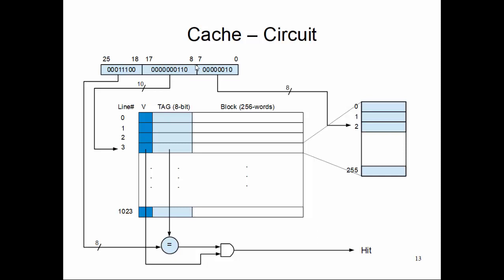block address B is A div K. So A is given, this is 26 bits, and K is given, which is 2 to the power 8. Now, what is my div operation?